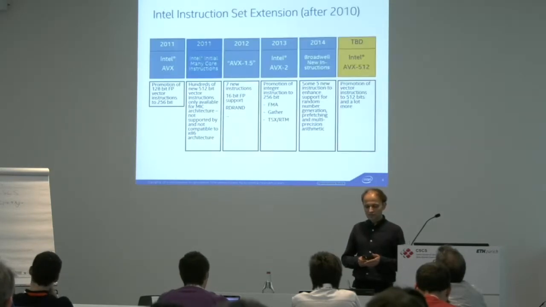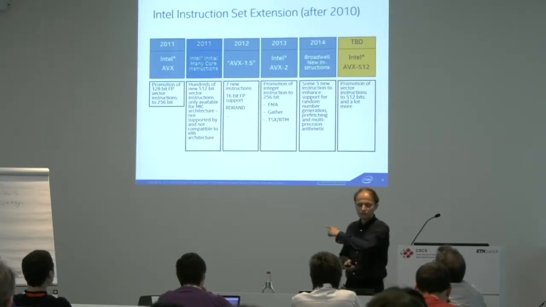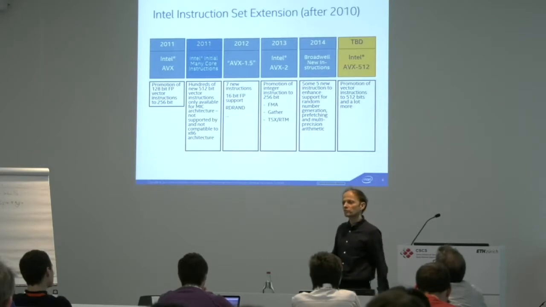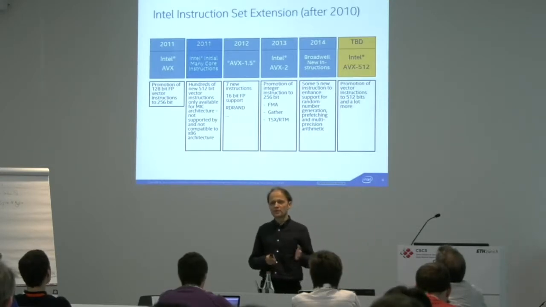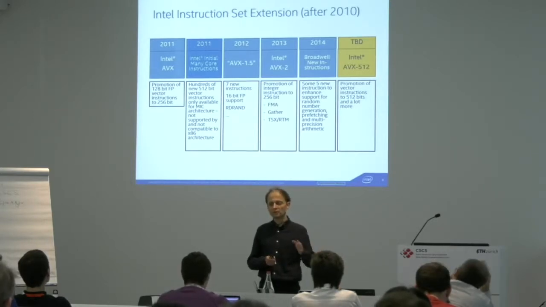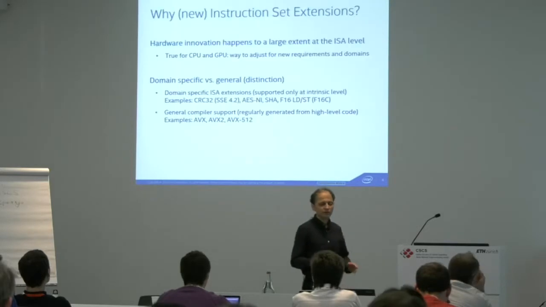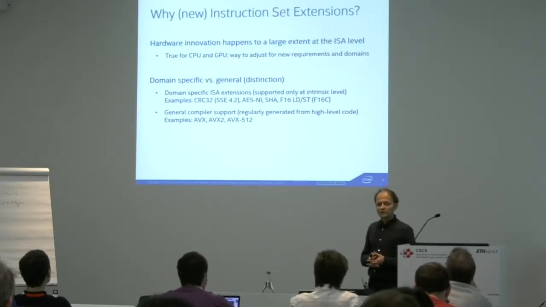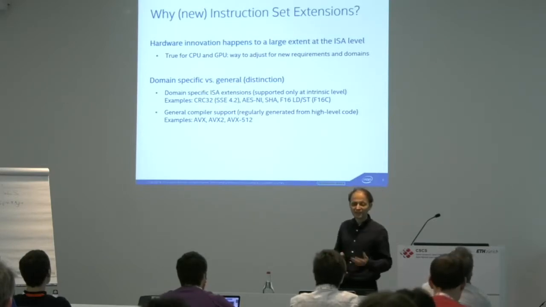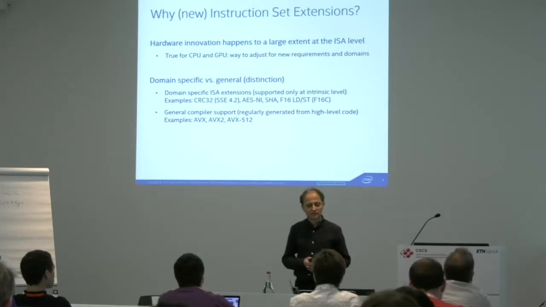And it is not just a promotion of vector width or instructions to 512 bits. It is really a kind of new instruction set, which breaks to some extent with previous AVX. So it's not only a natural extension. We will see what it gives us. First, the motivation here: why do we get new instruction set extensions all the time?